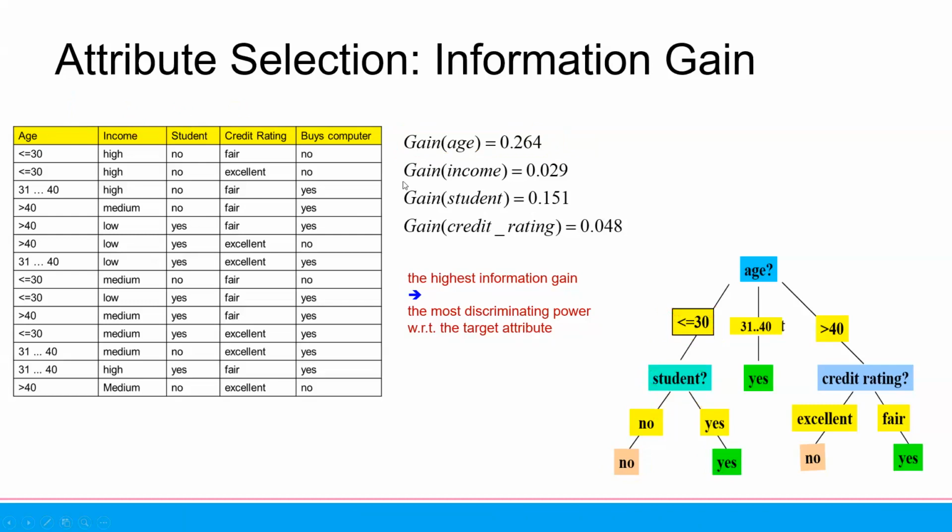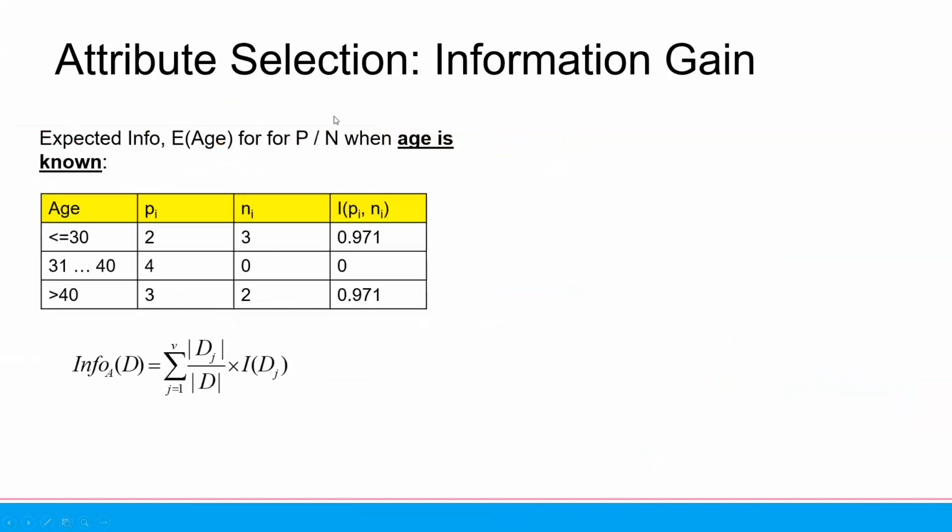And if you check this one, 31 until 40, it shows only yes, because based on the result here, the entropy is 0. Entropy of 0 means it is already completed. You cannot split anymore, so we only need to choose the highest one. The highest one is still possible to split.